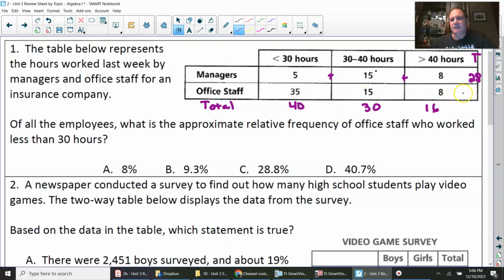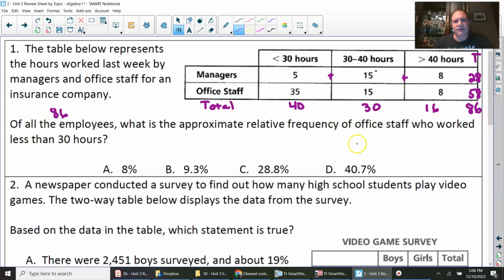That's 50, 58. And then we have 16 and 5, 6, 7. This is 86. So as a total, of all the employees, that's 86.